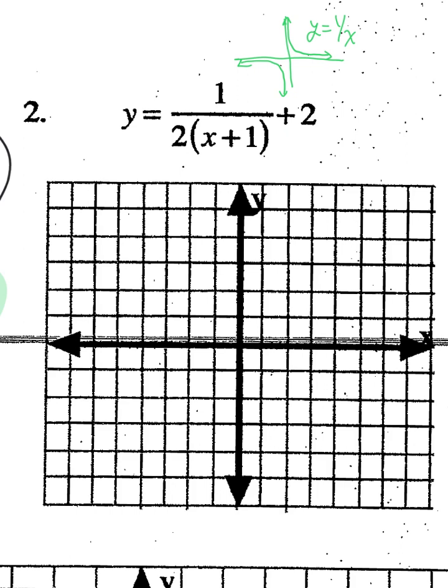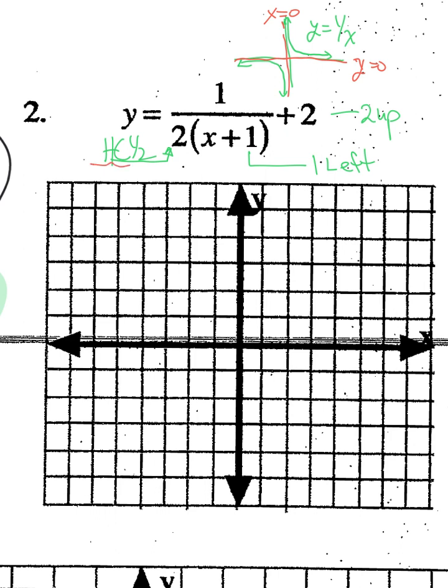So what's happened here is I've got a horizontal compression of a half. I've got a shift of 1 unit to the left and 2 units up. To make this easy, I'm going to move my asymptotes, because the equation for both of them is 0. Y equals 0 for one asymptote, x equals 0 for the other.